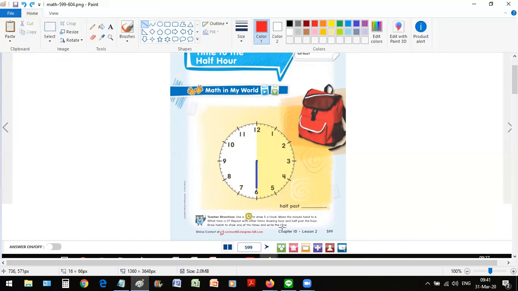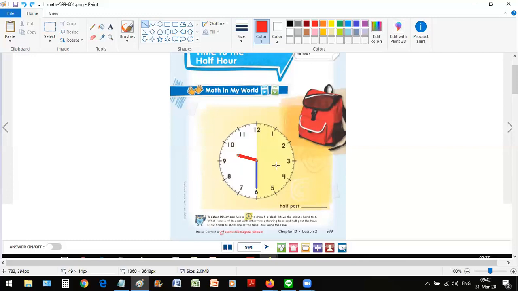Okay, so basically this is up to us which time we're gonna show on it. So any random number you can put the minute, the hour hand. So let's say I'll try to get it as close to our current time as possible, which is about 9:30 now.